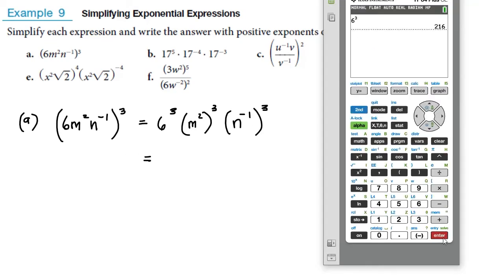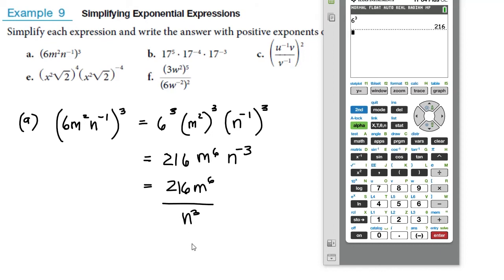So 6 cubed is 216. M, 2 times 3 is 6. N to the minus 3. And with writing it with all positive exponents, 216 m to the power 6 all over n cubed.